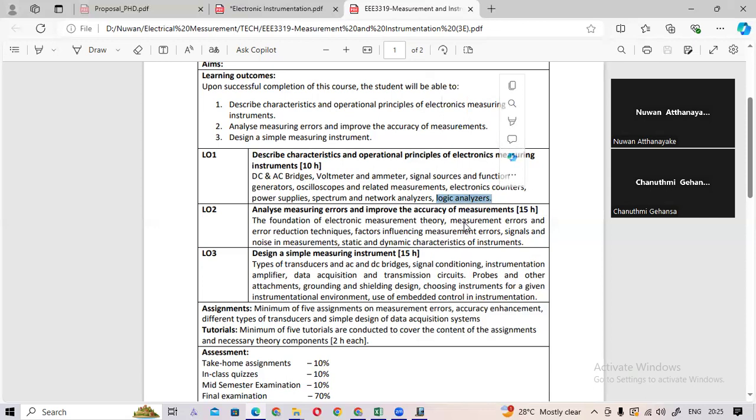So there are many types of logic signals, for example, some communication signals. Okay, modulated signals are there. So some frames are there, okay? So that kind of frames and signals we can detect from a logic analyzer. That is also a time domain one, okay?